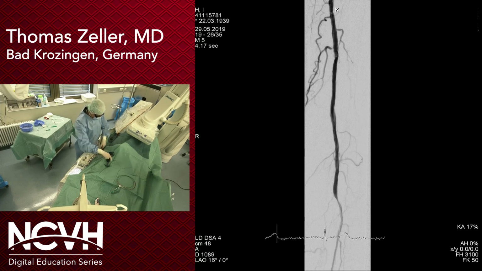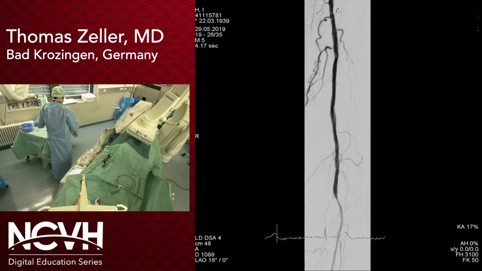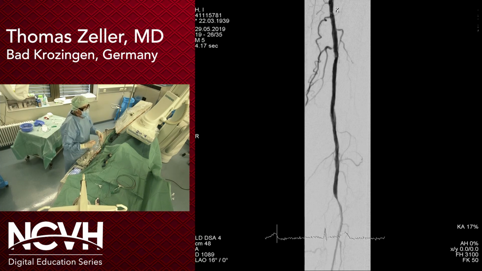Yeah, in general, I use one or the other. It depends on, of course, what kind of lesion you have, but I always use either atherectomy or a focal force type balloon technology before I use the DCB. What kind of atherectomy system would you use in this indication?